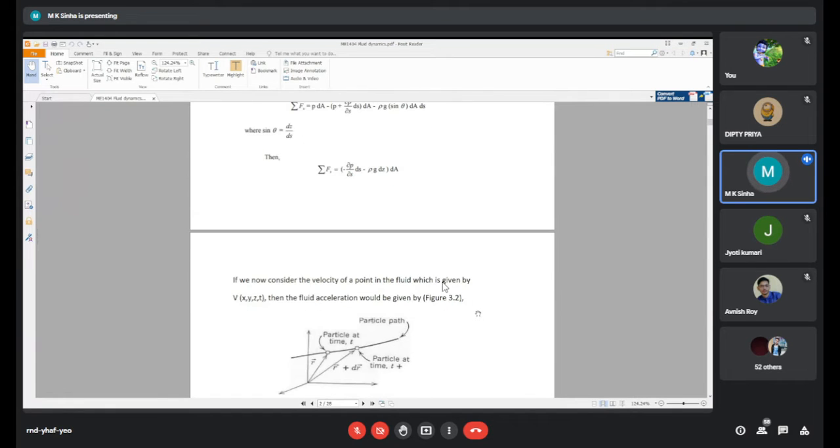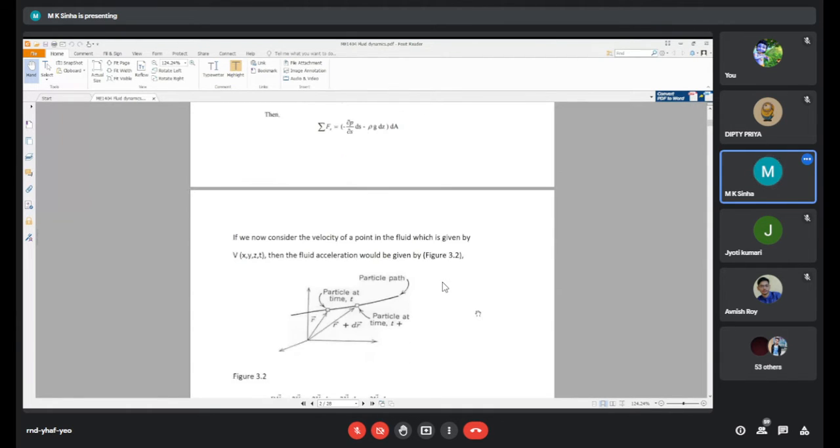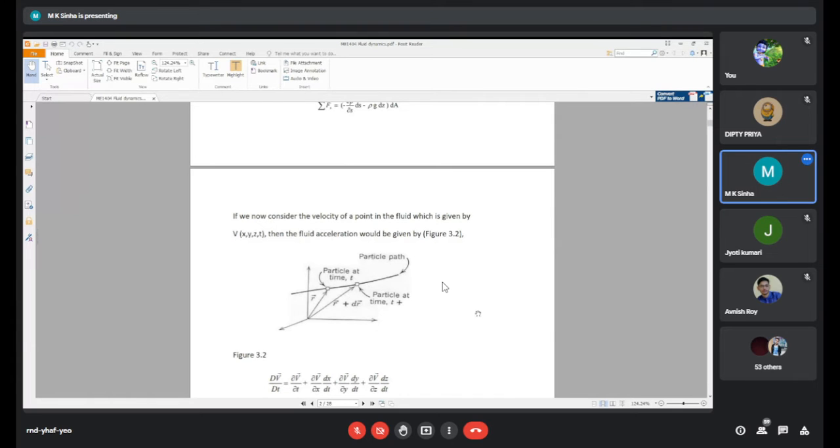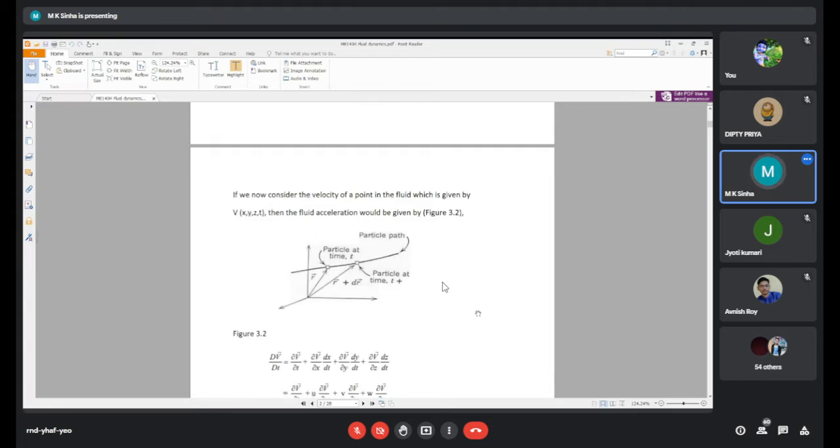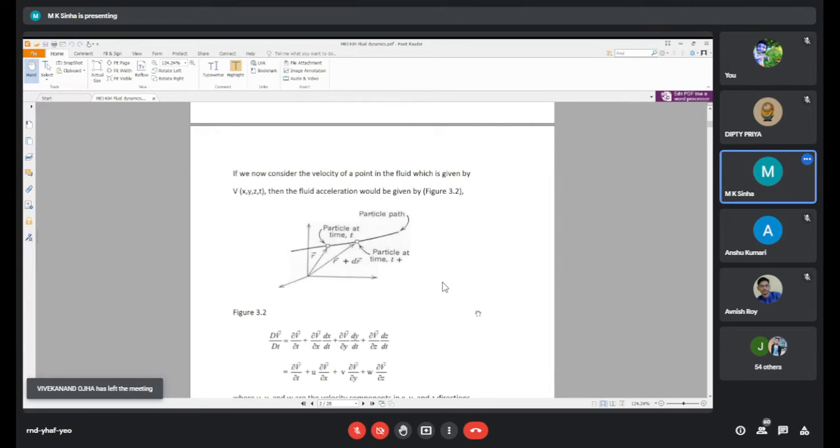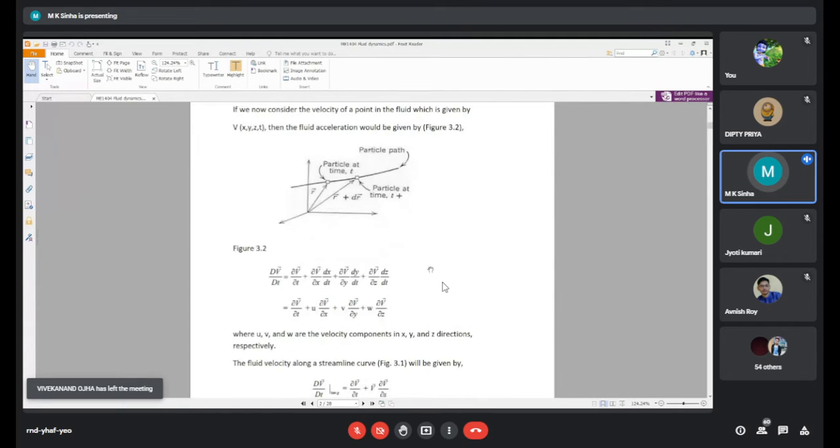Now we consider the velocity of a point in the fluid, or fluid particle. Here the positions are marked as r and r plus dr at a time t, and after that at t plus del t. From the total derivative we have discussed, local plus convective, it is written here as del v by del t plus u del v by del x plus v del v by del y.